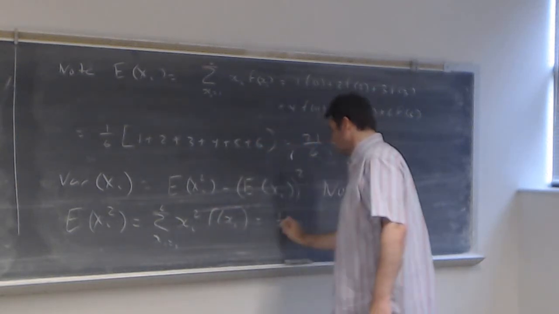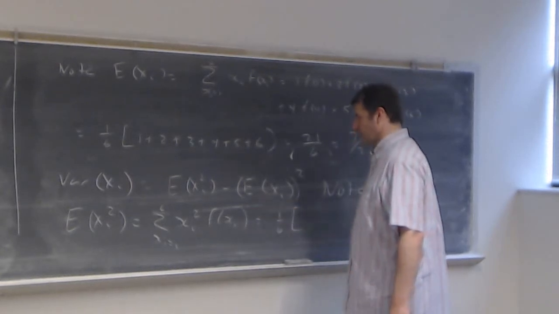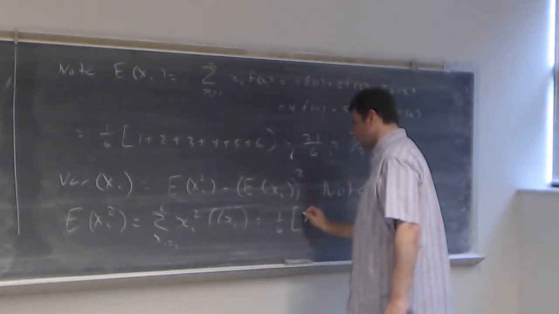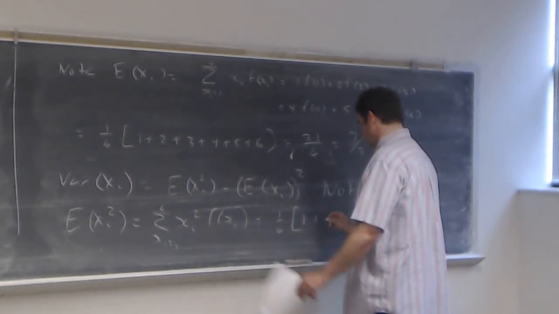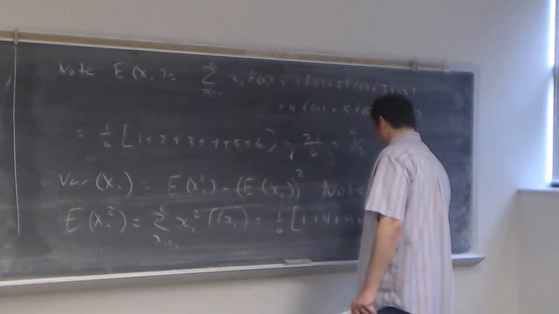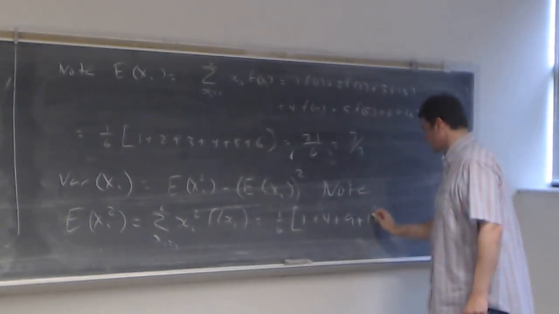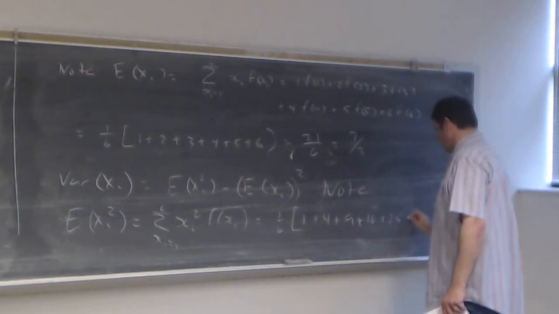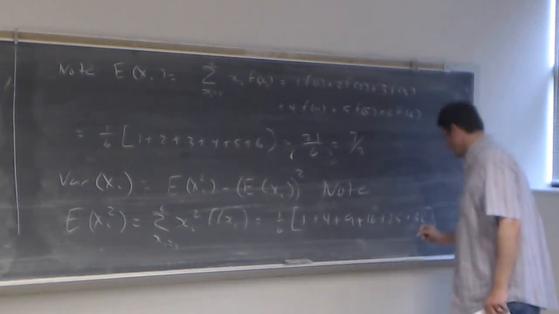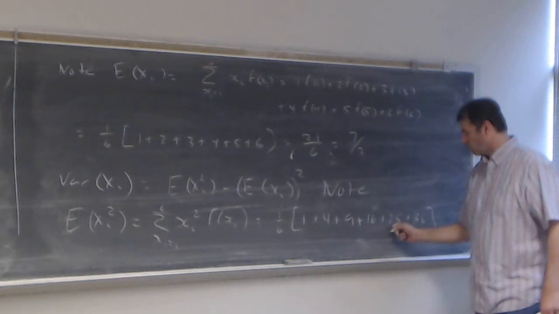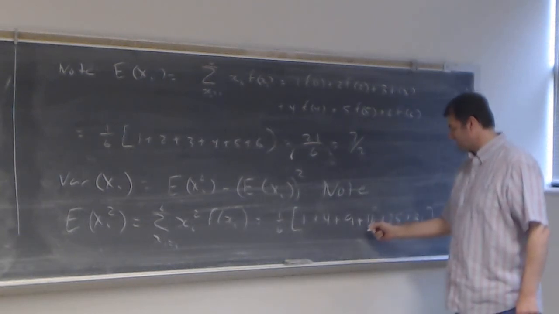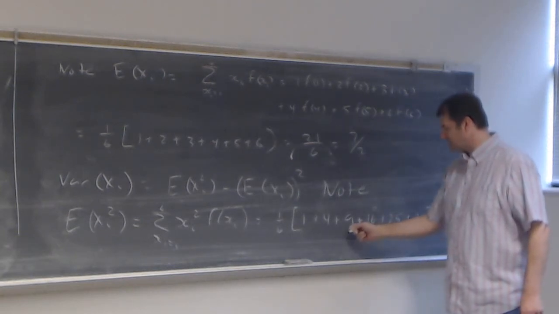Again, this is 1/6 every time. When I let X_i be 1 and square it, I get 1 plus 2 squared is 4, 3 squared is 9, 4 squared is 16, 5 squared is 25, plus 36. That's 91.